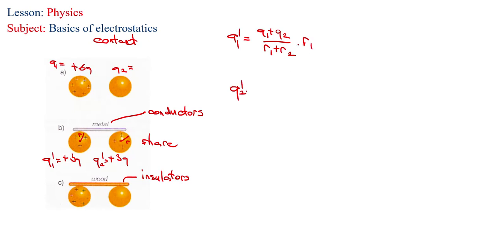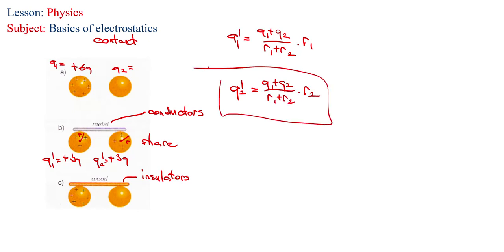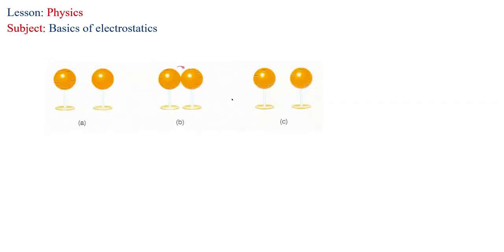And the same logic applies to Q2 prime: (Q1 plus Q2) over (R1 plus R2), times R2. So that's the formula for how they share the charges. And by the way, the charges here, if you look at the picture, I have minus 10q, and the charge of the second sphere is 0.